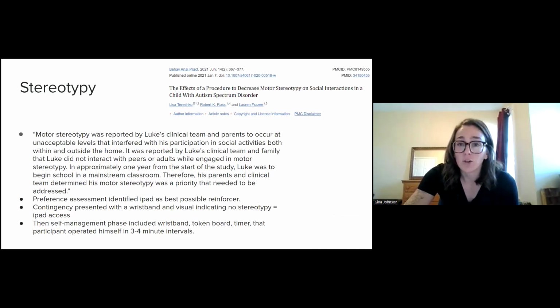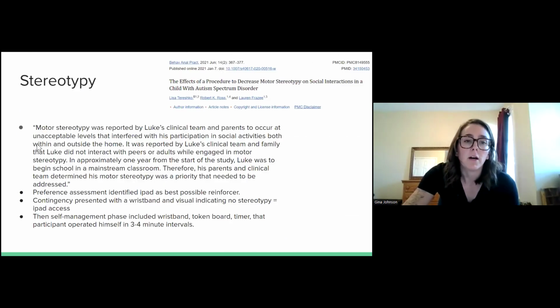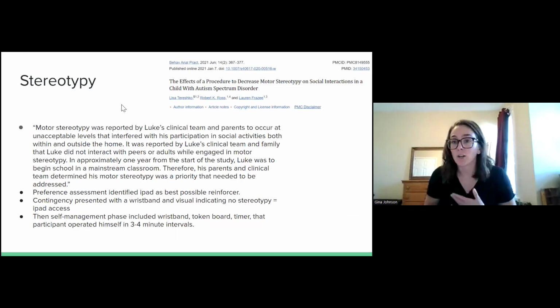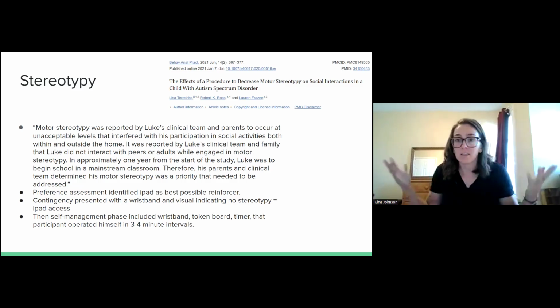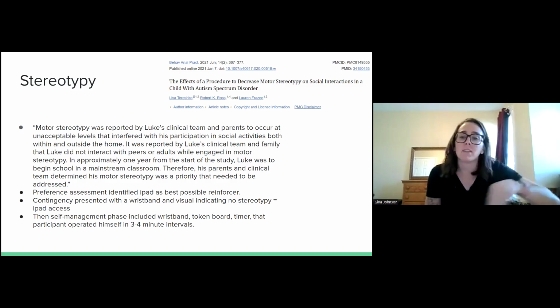It's decreasing motor stereotypy in a 5-year-old boy with autism. And I love this as an example of when we might consider intervening. There's always this question of whether we should intervene with stereotypy. A lot of times it's not interfering with anything, so just leave it alone, but sometimes it can. I love the statement from this paper.